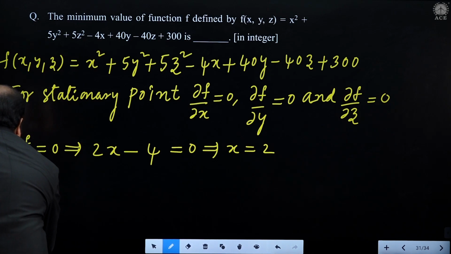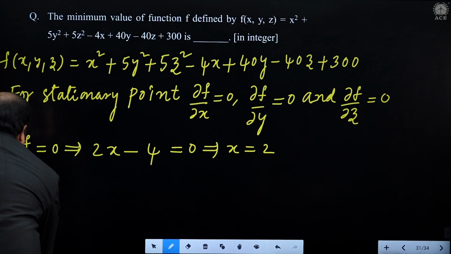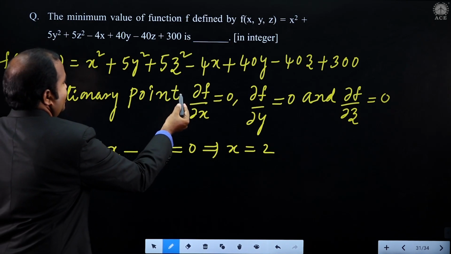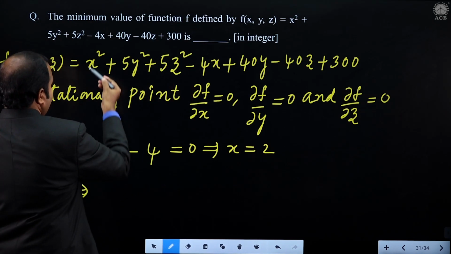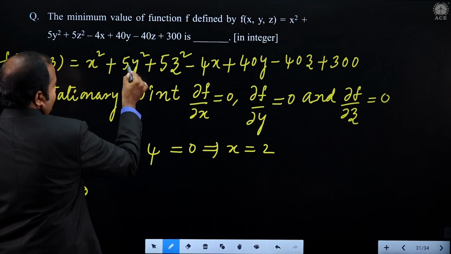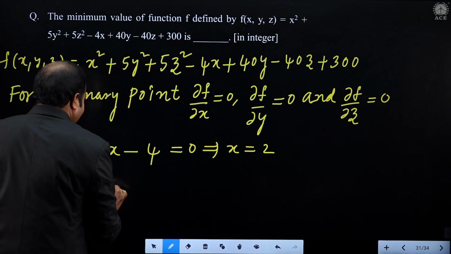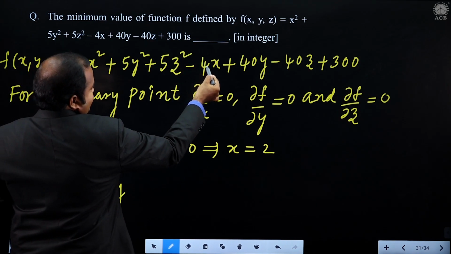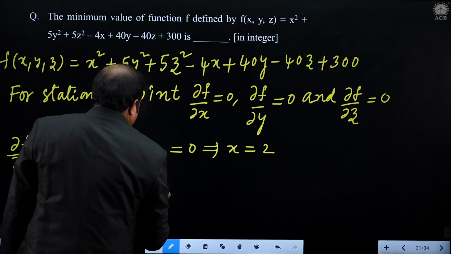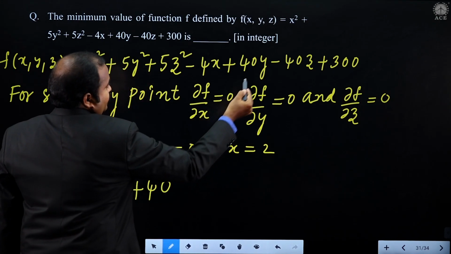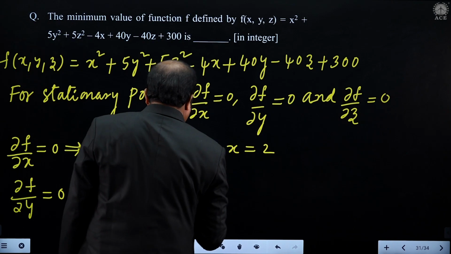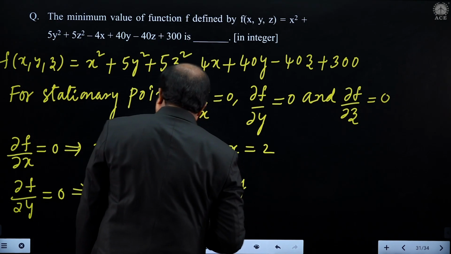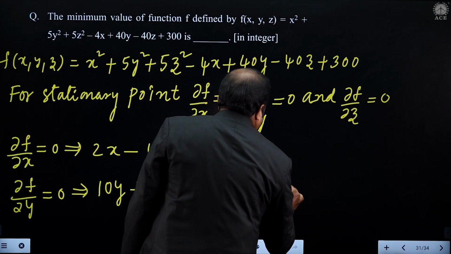And next, dou f by dou y equal to 0 implies, that is the partial derivative of this function with respect to y. The derivative of 5y squared is 10y, plus 40, and the other terms are 0. That implies y value minus 4.